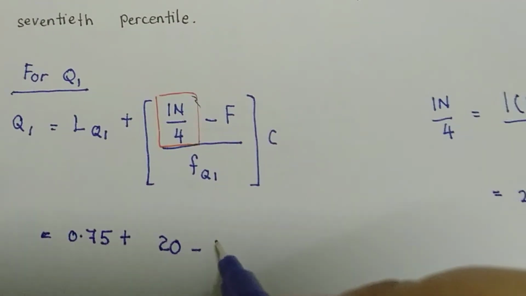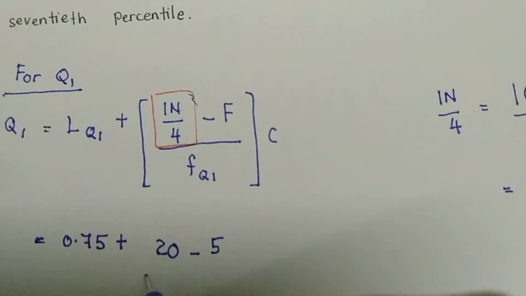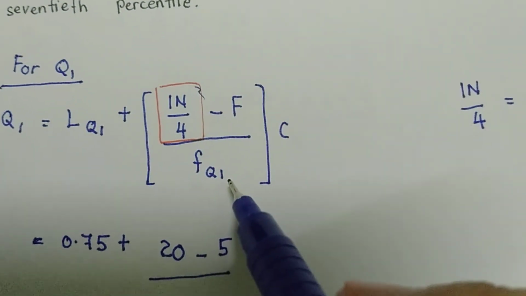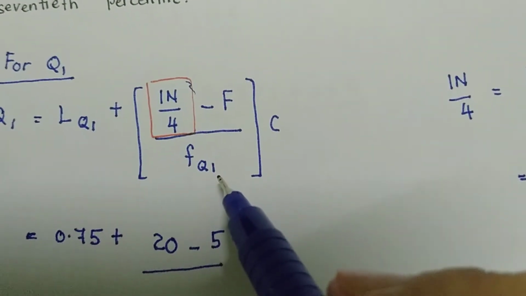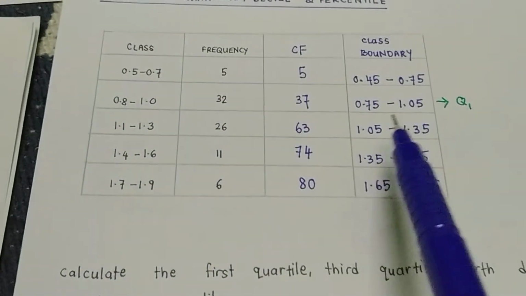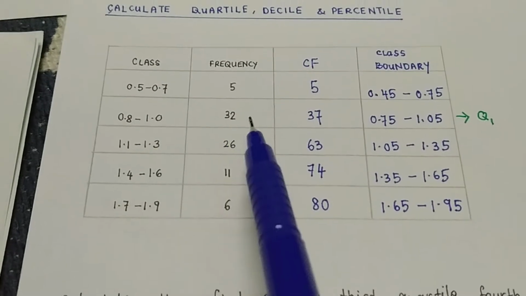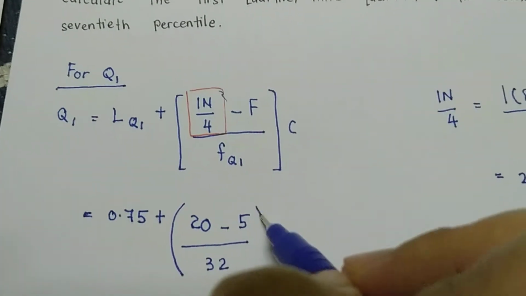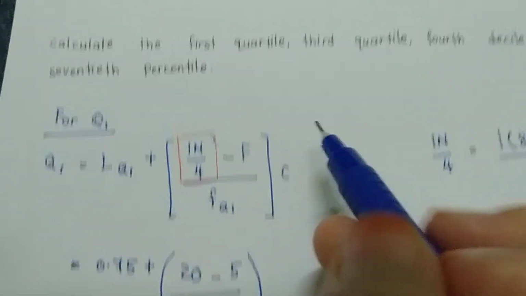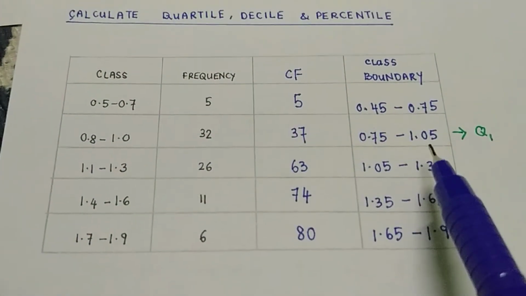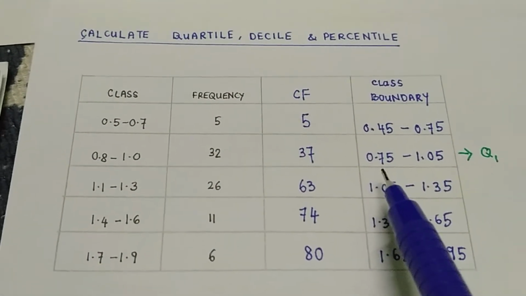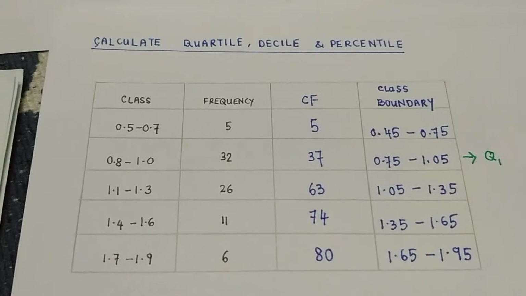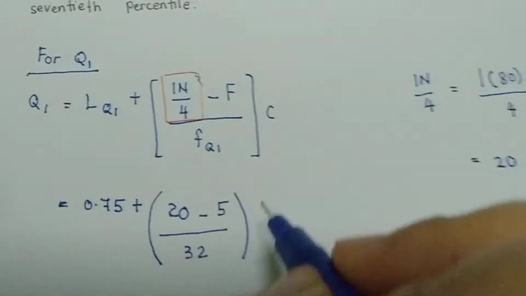So 20 minus 5 and then divide by FQ1, which means the frequency for Q1 class. The frequency is 32. And then C is the size of class, which is the upper class boundary minus the lower class boundary. So we have 1.05 minus 0.75 is equal to 0.3.